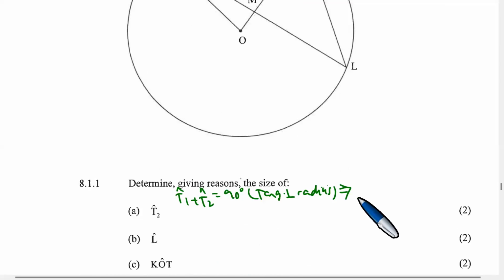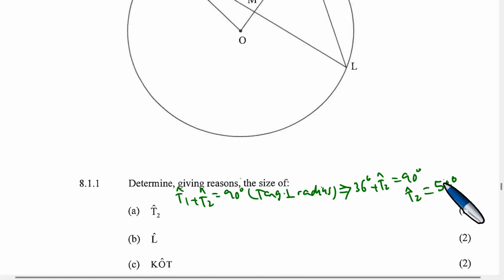T1 is 36, plus T2 equals 90 degrees, which means T2 is 54 degrees. That is 90 minus 36, which is 54 degrees.